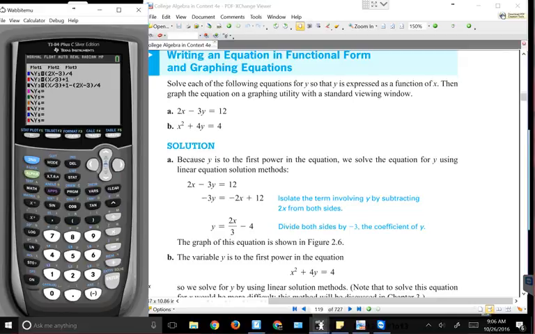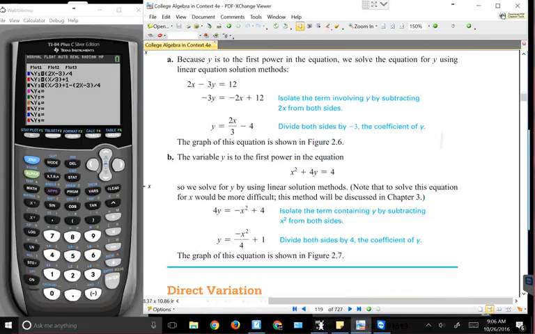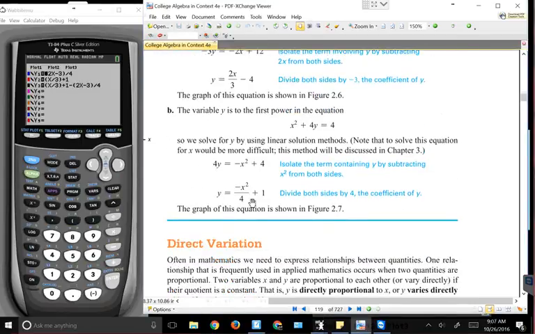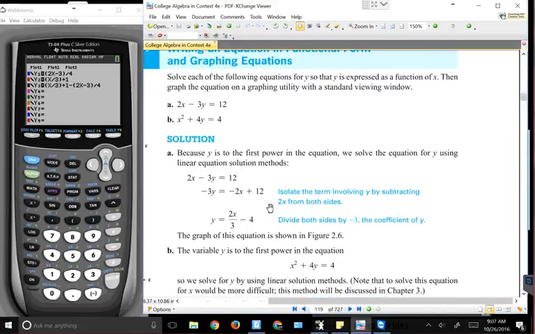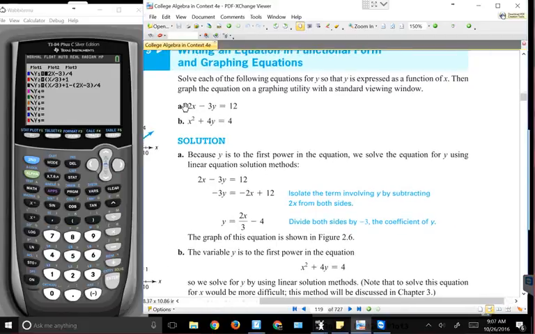Do you have to make it look pretty? No. Not at all. I mean, they go through here and do that. Could I have just left it as minus x squared plus 1, or, where am I at again? See, I could honestly just leave this one here as this. Wrong one.